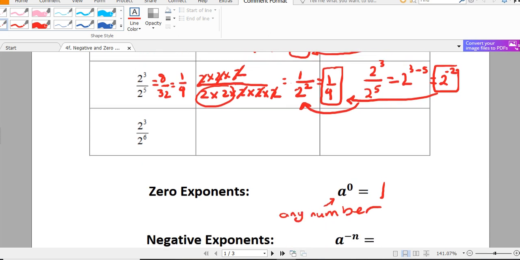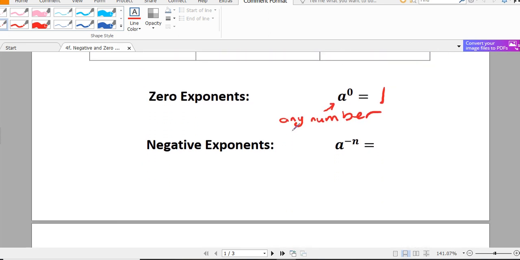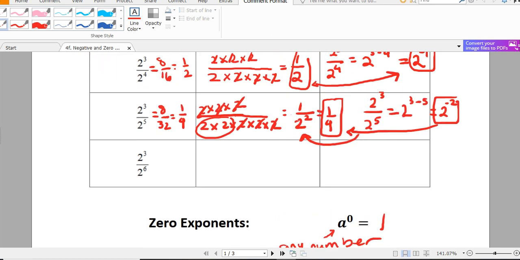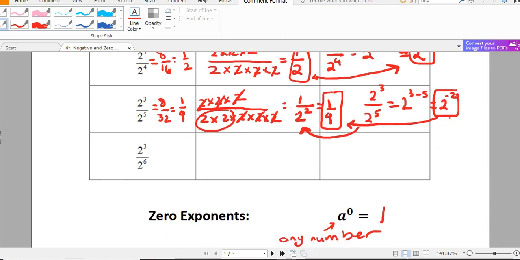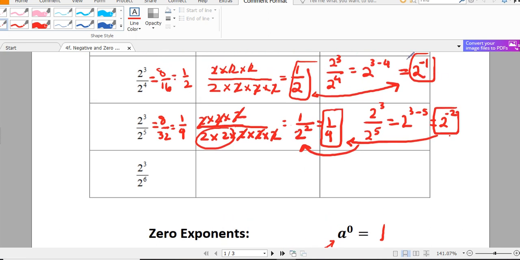If I just scroll down, if I look at that, how do I generalize this rule? Well, since it's a negative exponent, this just means that it brings the base to the bottom, as you can see here. So right now you can see this is technically over 1, right?